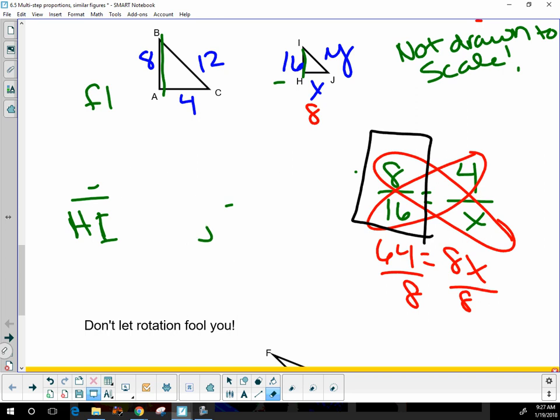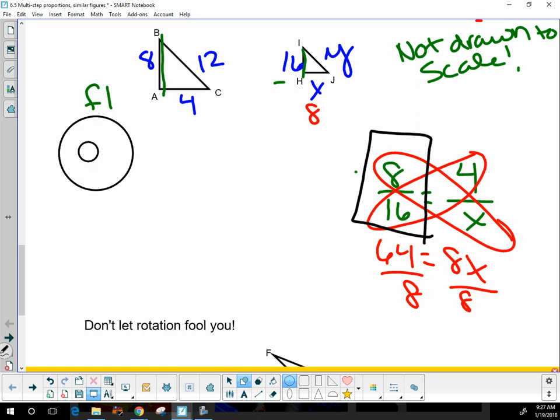Give me some more room here. We have 8 to 16.